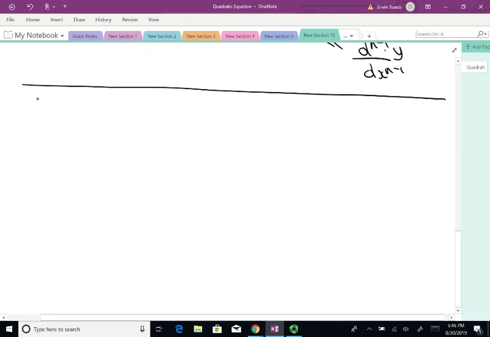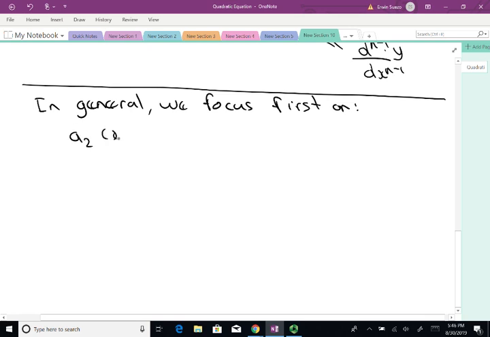So in general, we focus first on second order differential equations.